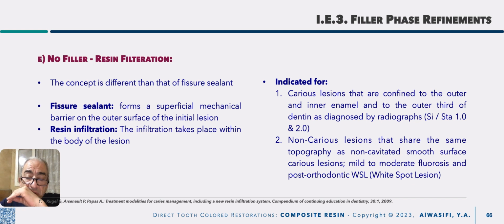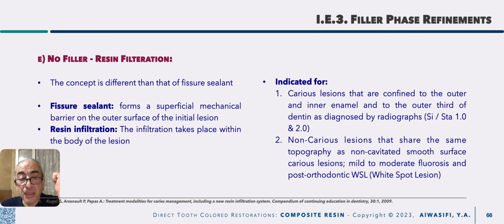There is a great difference between resin infiltration and fissure sealant. Fissure sealant is just a mechanical barrier protecting any defective fissure from recurrent caries, while resin infiltration is complete impregnation of the material inside the porous or demineralized enamel.